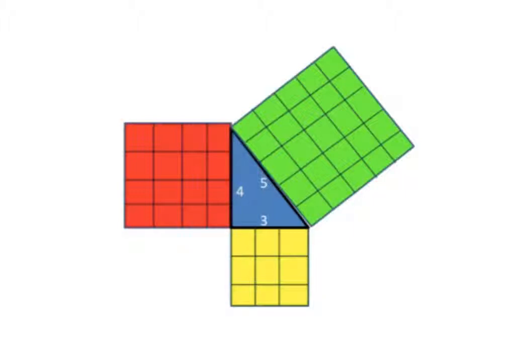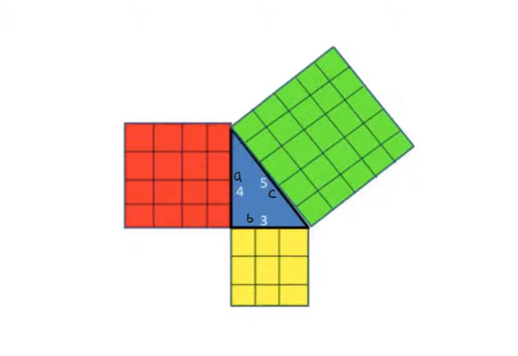Now I want to go ahead and label my three sides A, B, and C. So side A, side B, and my hypotenuse side opposite the right angle is side C. Now I know that side A is 4, side B is 3, and side C is 5. Now each of those sides I can draw a square off of the side.